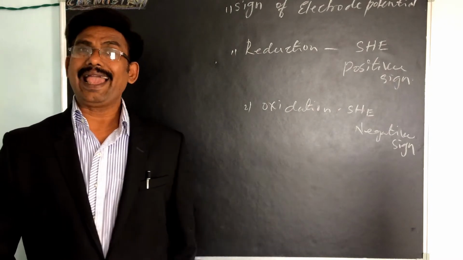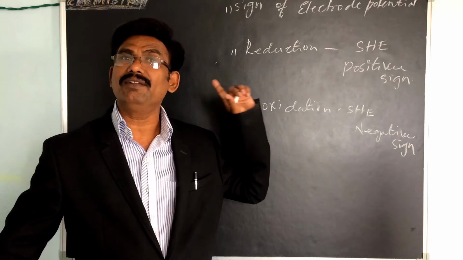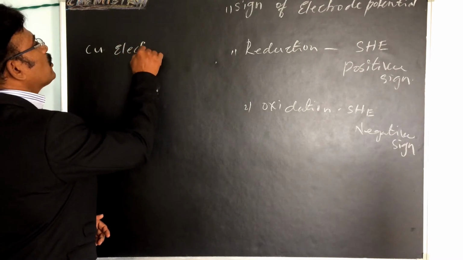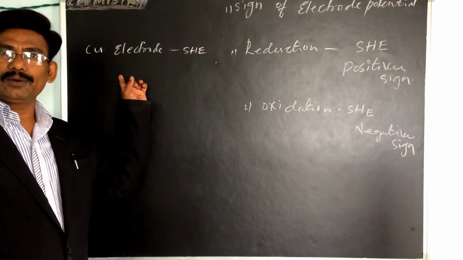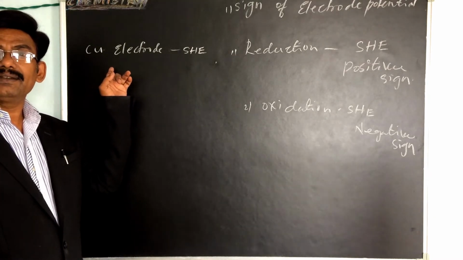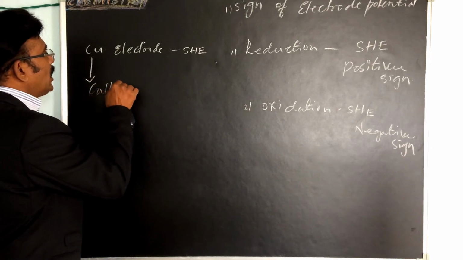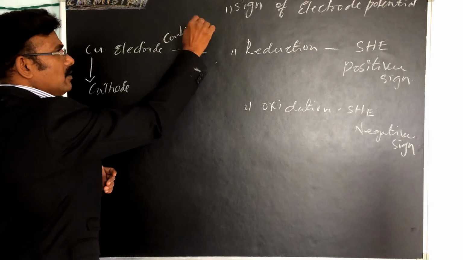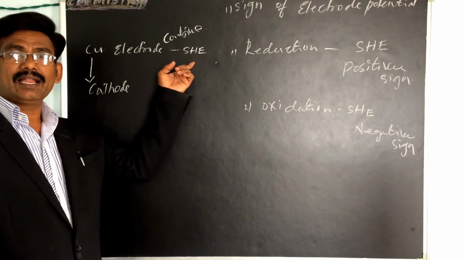Let us look at the examples. The copper electrode acts as a cathode when combined with SHE.